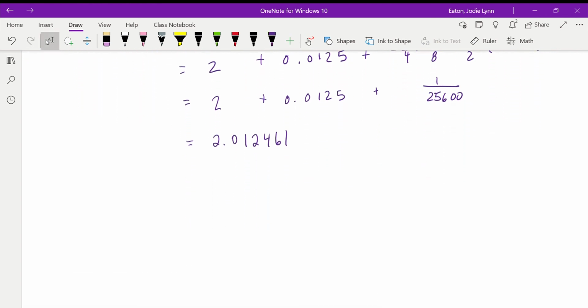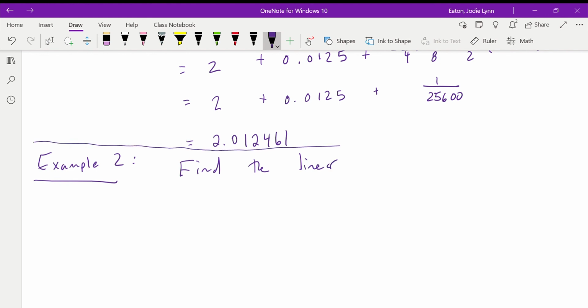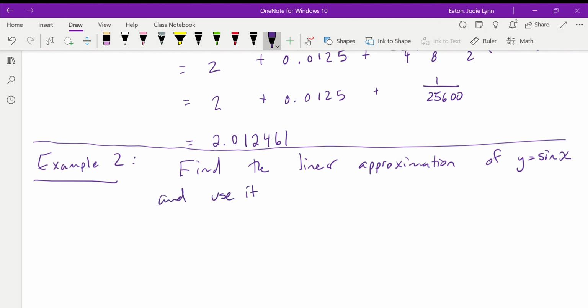Okay, so let's do another example, this time with trigonometry. So we are going to find the linear approximation of y equals sine x, and use it to approximate sine 59 degrees.